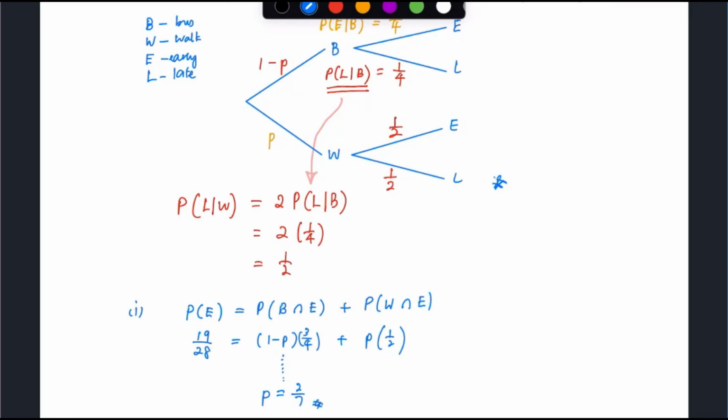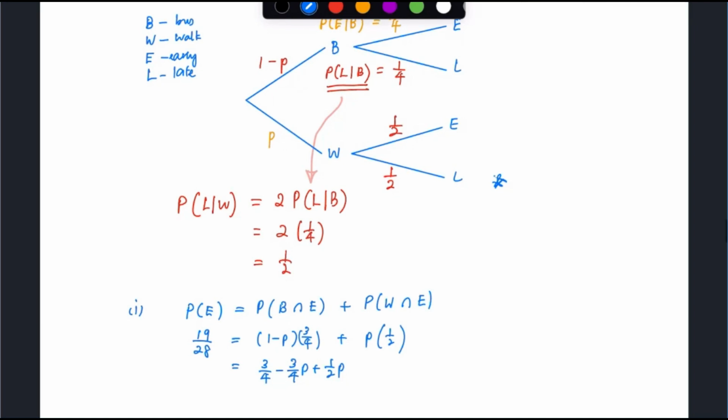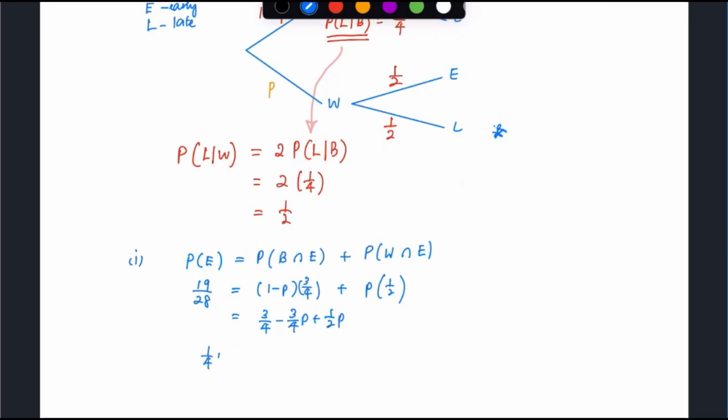Let me do the math. This would be 3 over 4 minus 3 over 4 P plus 1 over 2 P. So a quarter P would be 1 over 14.